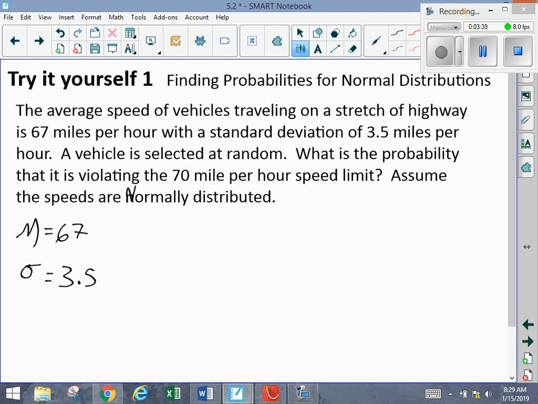So how are we going to solve this? If we look at a picture of our normal distribution, not the standard normal distribution, the mean is 67.